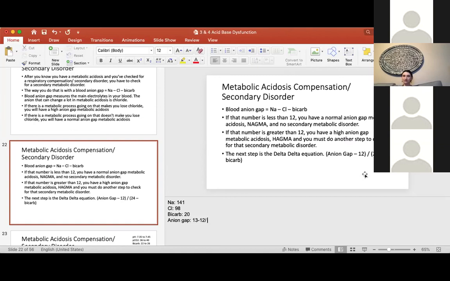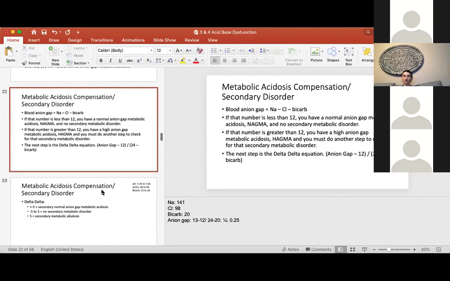And that's going to be divided by 24, which is our average bicarb. And our bicarb in this situation is going to be 20. So it's going to be 1/4, or 0.25.